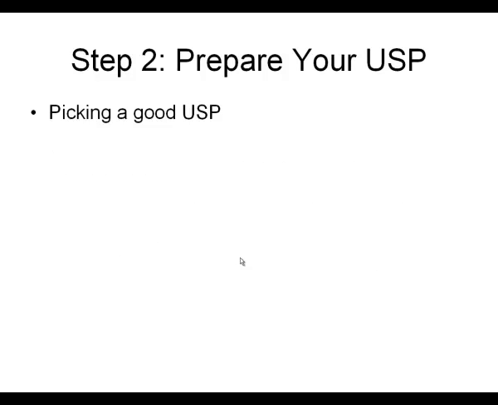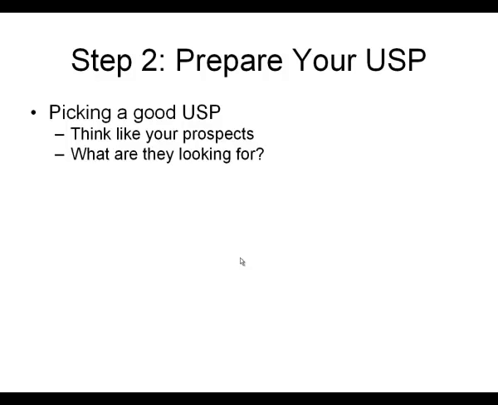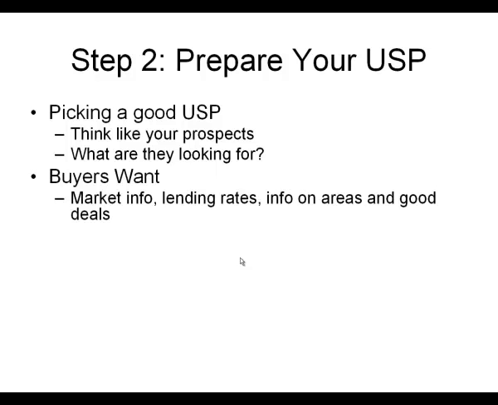So picking a good USP. To pick a good USP, you have to think like a prospect. What are they looking for? What do they want? What kind of information, what kind of problems do they have, and create a solution for their problems. So buyers typically want market information, lending rates, information about areas, and obviously they're looking for good deals.